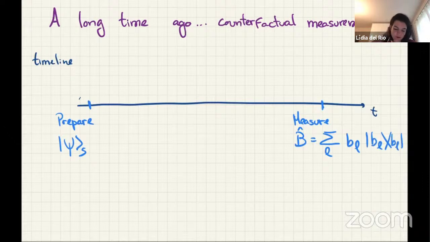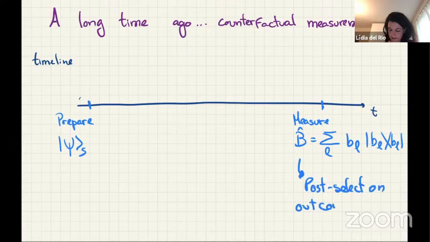And we also looked at cases where we post-selected on outcome L, right? And then we wondered about what would have happened if here we had measured another observable.